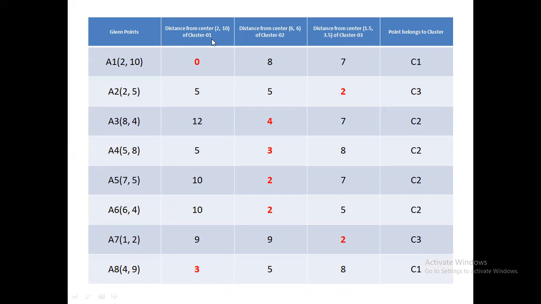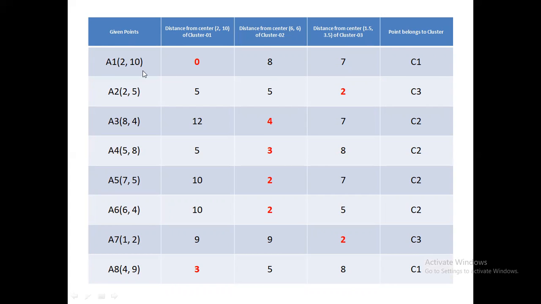Now your cluster centers have changed. After the first iteration, you have the new three cluster centers: (2, 10) is your first cluster, (6, 6) is your cluster 2, and (1.5, 3.5) is your cluster 3. Similarly, as in the first iteration, we calculate the minimum distance, and the point having the minimum distance from a cluster is assigned to that cluster only.